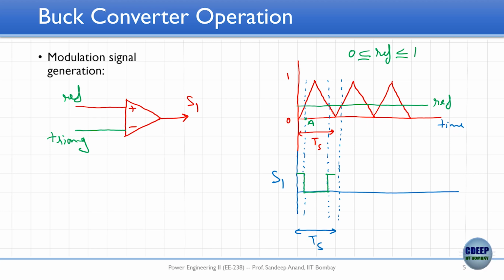Now this S1 I can give to the switch in the previous converter, right? How do I relate the reference signal with the duty cycle? This switch is on in two sides, so this would be T on by 2, this side is also T on by 2, and duty cycle is defined as T on by Ts.